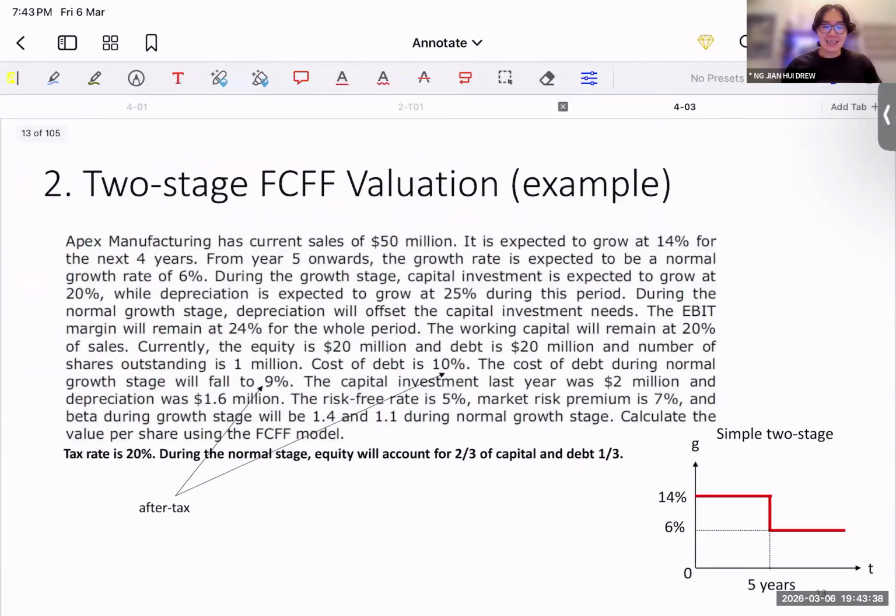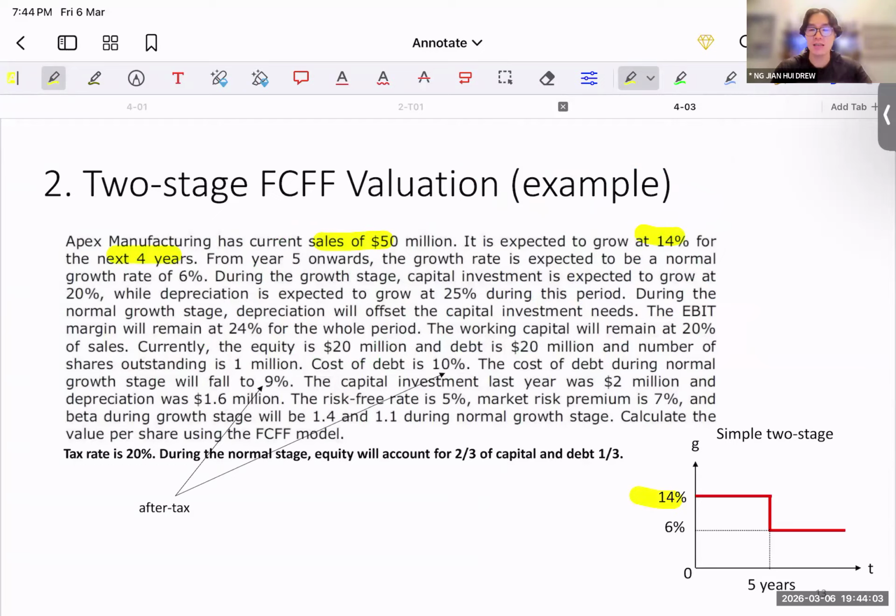So let's dissect this example. This example will provide you a good understanding of the two-stage using the FCFF model. So what's this example saying? Apex Manufacturing has current sales of 50 million. We expect it to grow at 14% for the next 4 years.